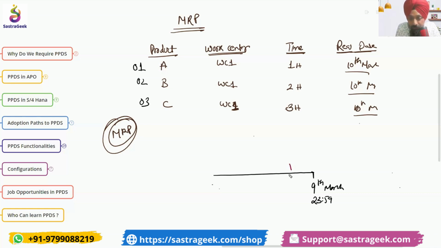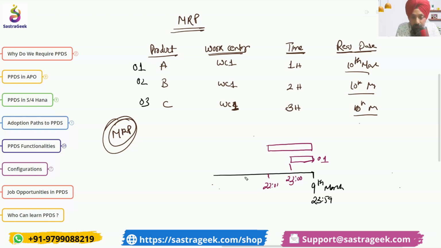Order 1 needs to start from 22:00 and be finished by 23:59. Order 2 would start from 22:00 and finish here.